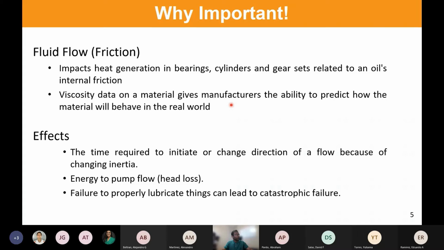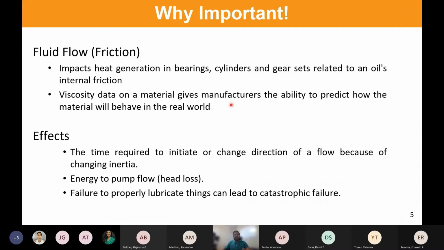For example, lubrication. When you're lubricating the bearings of a vehicle or a machine part, the lubricant has to reach from its injection point to the lubrication point. And the thicker it is, the more viscosity it has, the more force you need to move it from point A to point B. Also, the more viscous it is, the more friction loss you'll see.